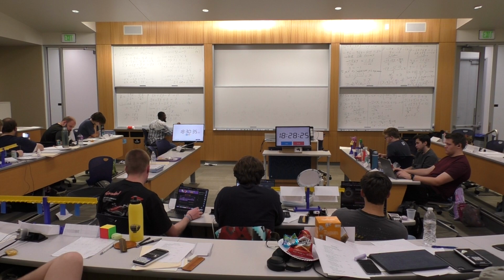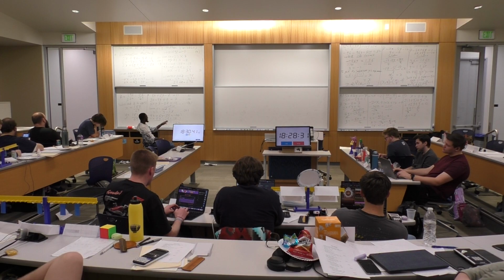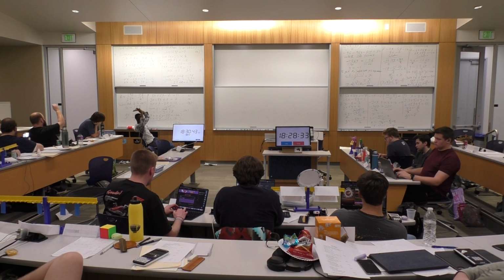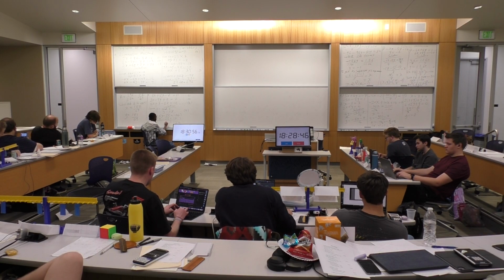Is that correct? Good. So z is out, we just eliminated z. Therefore 6y minus y, you have 5y.